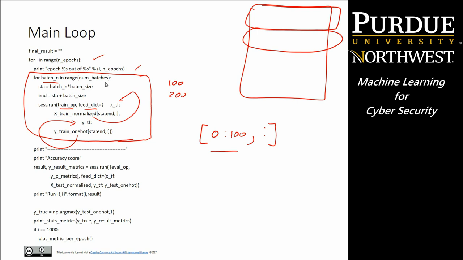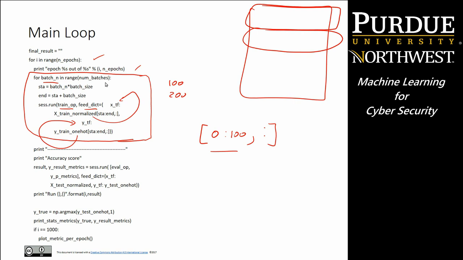Good question. Any other questions? So that's it as far as batch processing. There are definitely other, more efficient ways of doing this. This is just, as I said, for understanding. Any questions? All right, good.